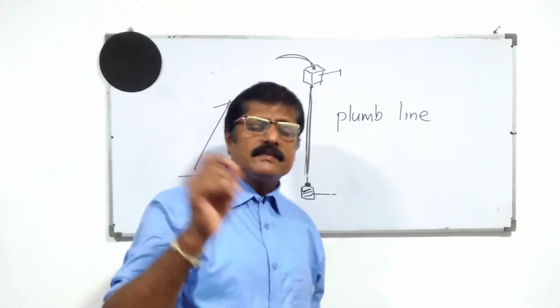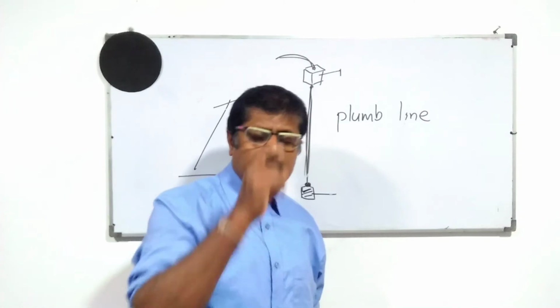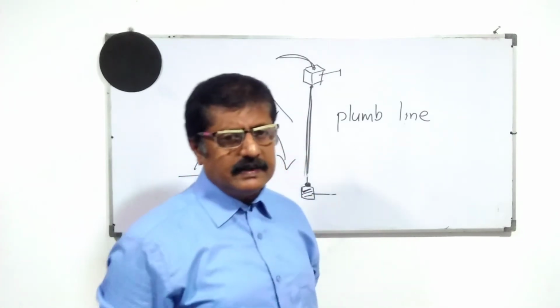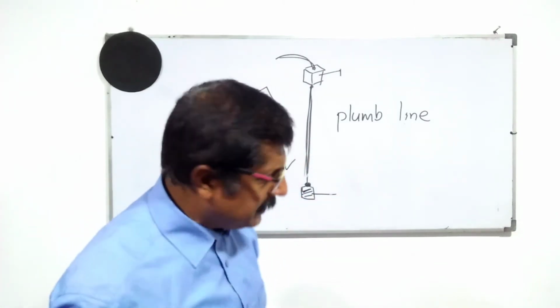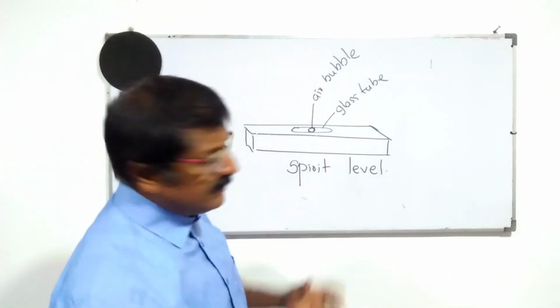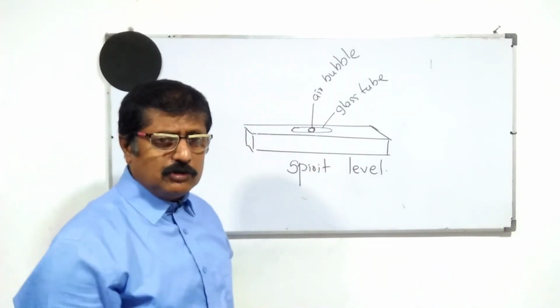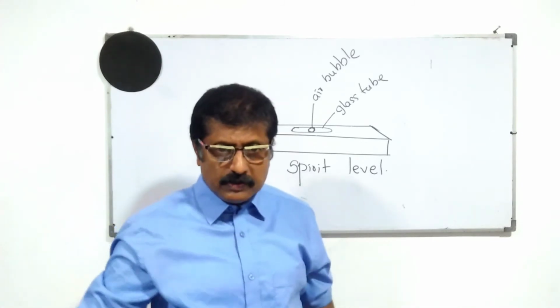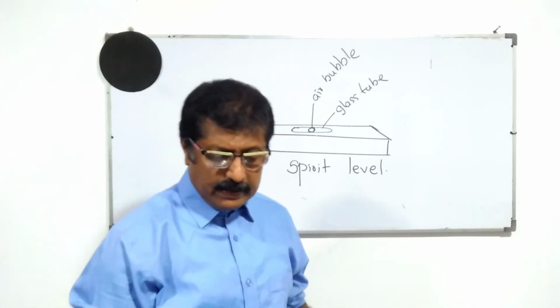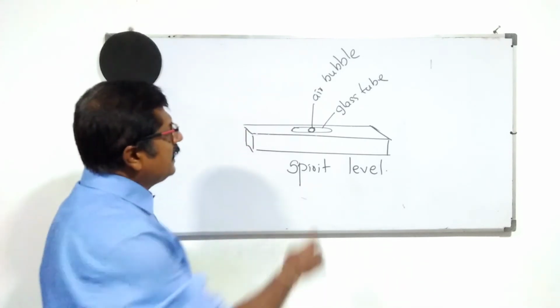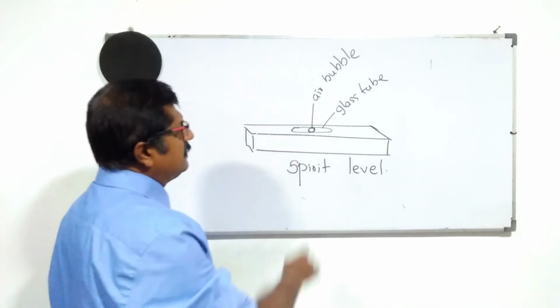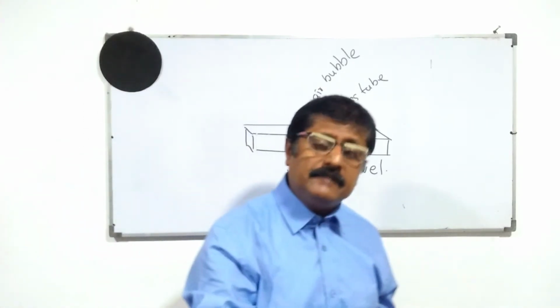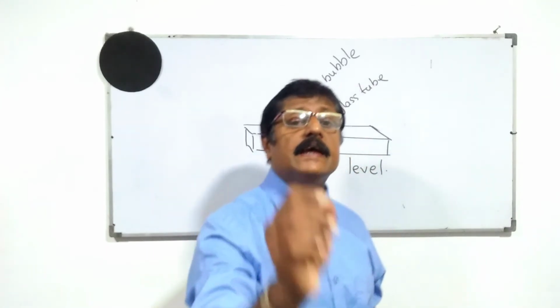Then what are the devices that we can use for checking horizontality? Let's now I am going to draw it. Now I think you have seen this. This device also is used by masons for checking the horizontality of a floor like thing. There is a small piece of glass tube like this in which some fluid has been filled with an air bubble.